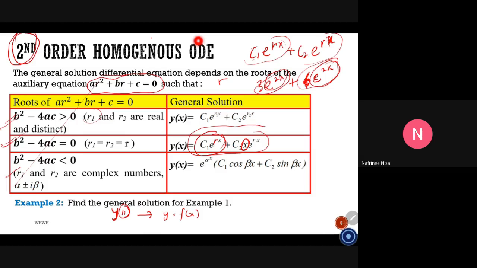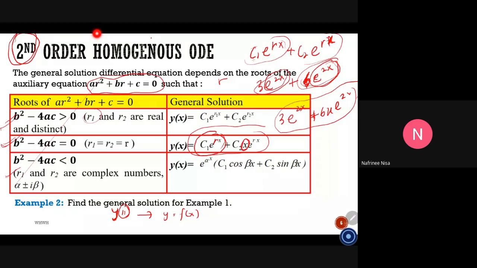So that's why kalau you dapat R1 and R2 ni sama, the second solution ni kita darab dengan x. So you're gonna have 3 e to the power of 2x plus 6x e to the power of 2x. Yang ni dia dah tak jadi skala multiple, or you may say that these two equations are linearly independent.